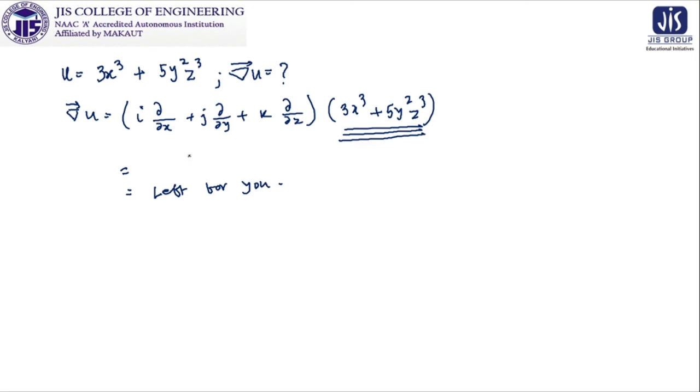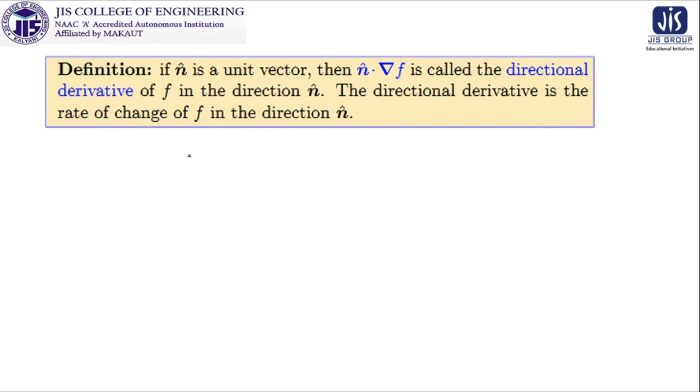So we have already got this particular idea. Now what is waiting for us? A linking between the previous class and this class: the directional derivative, and here we are going to define this directional derivative with the help of gradient.